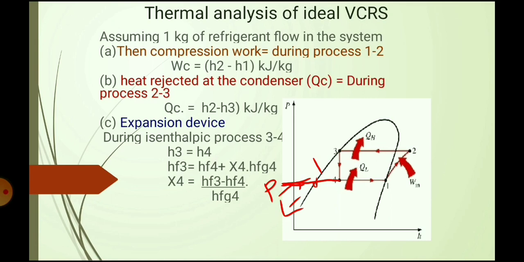Therefore, we can calculate X4 equal to HF3 minus HF4 divided by HFG4, and HFG4 is equal to HG4 minus HF4. That means the dryness fraction X4 is equal to HF3 minus HF4 divided by HG4 minus HF4.